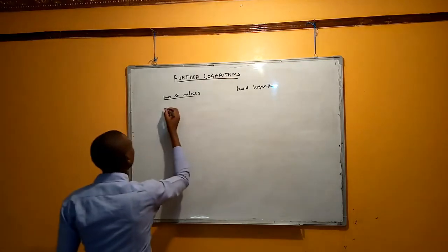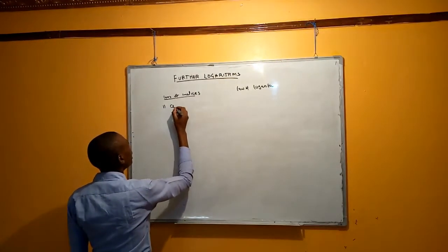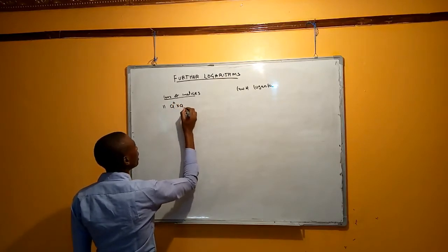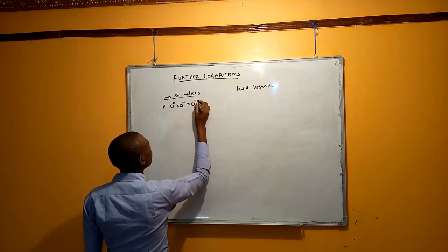So I want us to start with the first law of indices, which says that when a raised to power n is multiplied by a raised to power m, you get a raised to power n plus m.